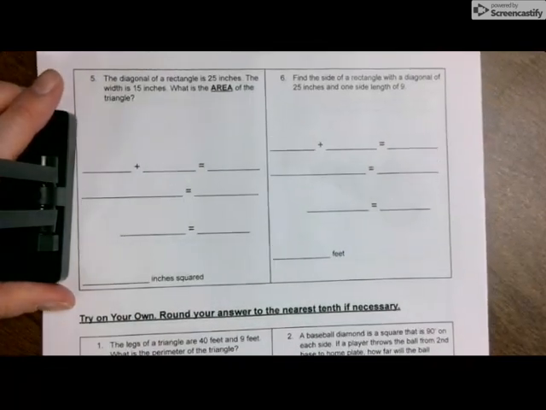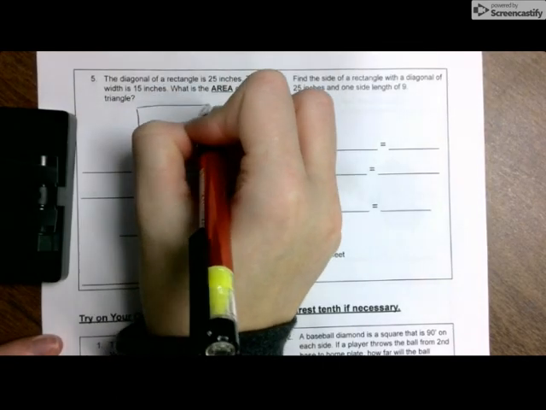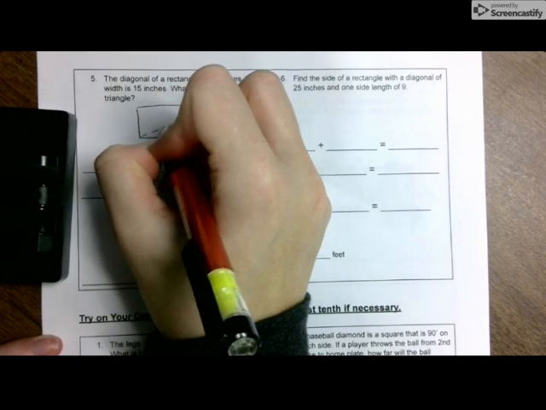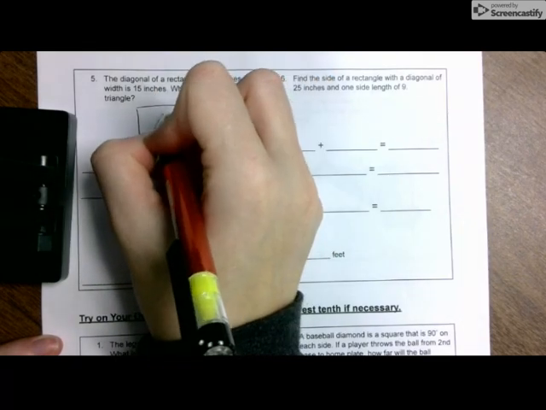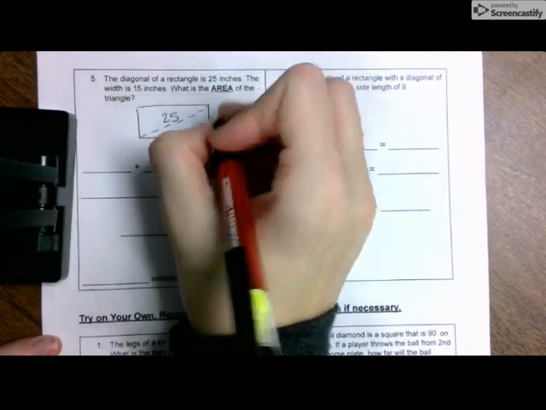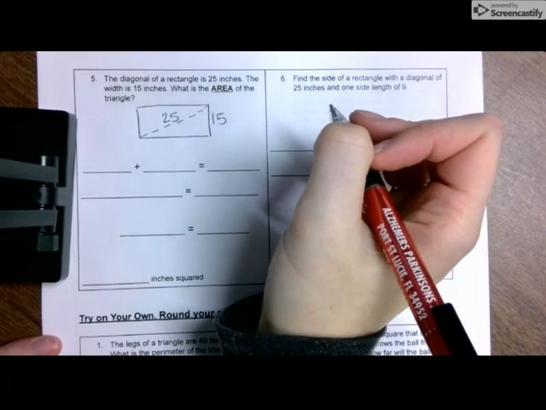All right, so a diagonal of a rectangle is 25 inches. Alrighty, so we have a rectangle, and the diagonal, just like the other one, is 25. The width is 15. What is the area of the rectangle?